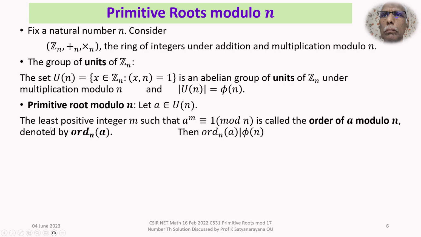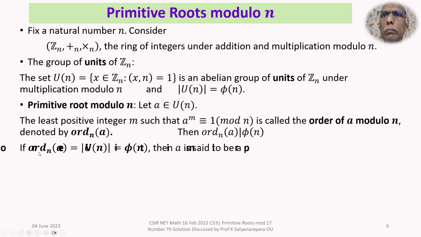This is the usual order of an element in group theory, but here we talk in terms of modulus n. The order of an element always divides the order of the group. The group is U(n), so the order of a modulo n divides the order of U(n), which is phi(n).